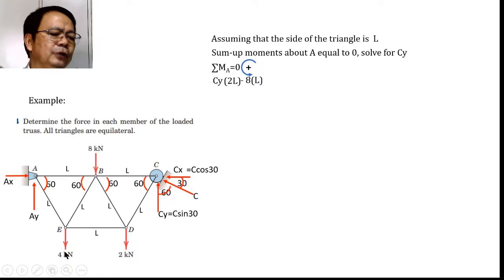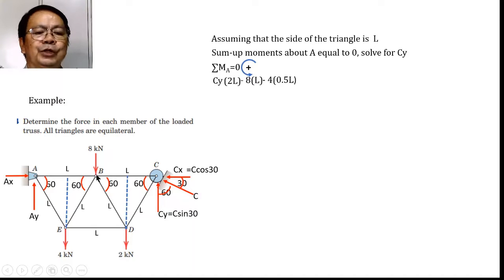This 4 kilonewton, which is acting at E, would have a moment arm equal to 1/2 of L because it is equilateral. The line that will be drawn to bisect perpendicular to AB will be equal to 1/2 of the distance AB, and that is equal to 1/2 of L. So the moment due to this 4 will be equal to 4 times 0.5 of L. Whereas the force at D, which is equal to 2 kilonewton, would have a moment arm equal to the sum of this distance, 1/2 plus 1, which is equal to 1.5.